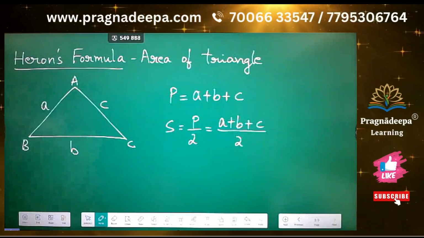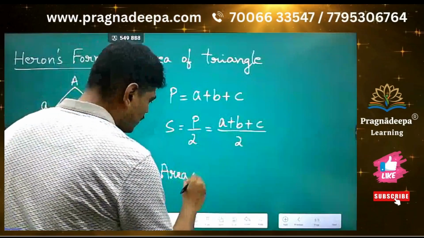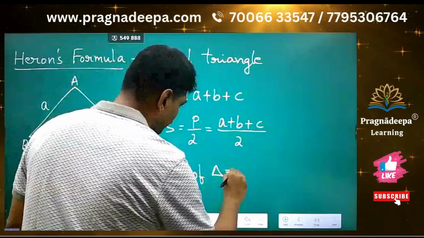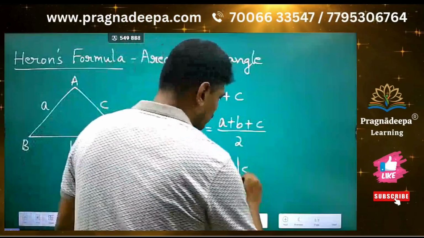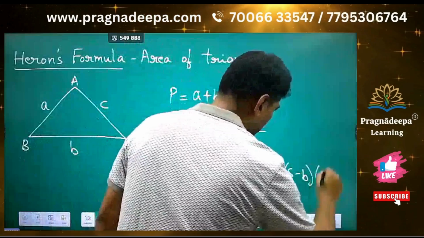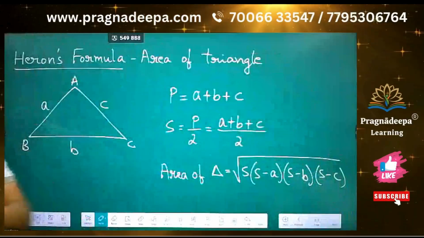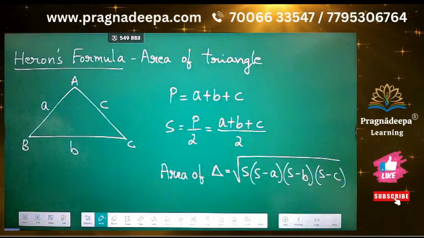Using the semi-perimeter, he described the formula: area of triangle is equal to square root of s into s minus a into s minus b into s minus c. So this is the area of the triangle ABC. So what is small letter a? Side of a triangle, small letter b and small letter c. Base illa illi.